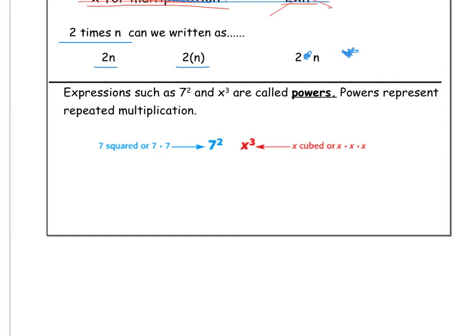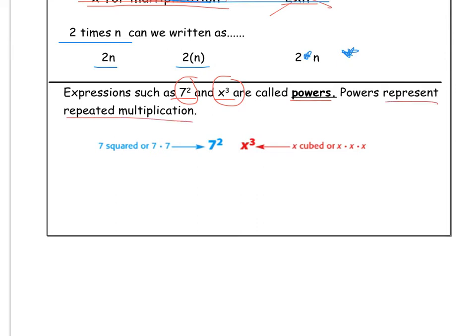Some other things to keep in mind. Expressions such as 7 to the 2nd power, or 7 squared, and x to the 3rd power, or x cubed, these are called powers. This as a whole is called a power, those two separately. What powers do is they represent repeated multiplication.